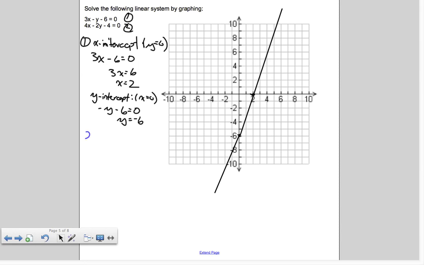The second line, my x-intercept, the y is equal to 0. So there I go, 4x, y equals 0. Because that's what the x-intercept is, right? y is equal to 0.